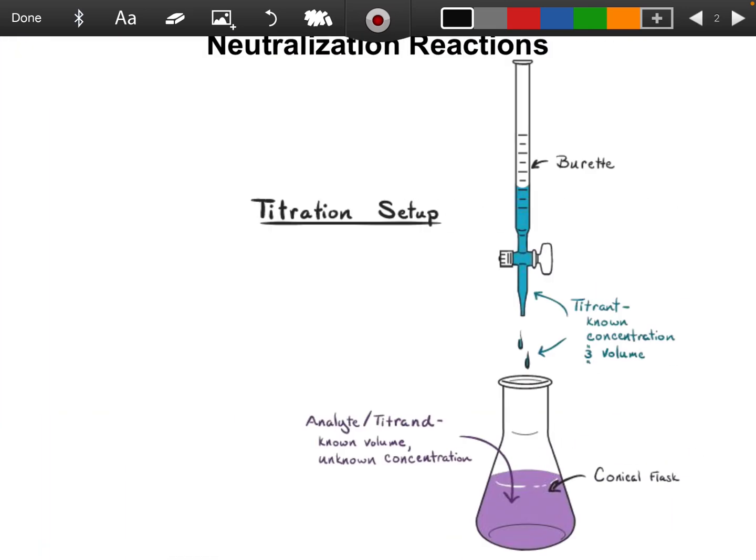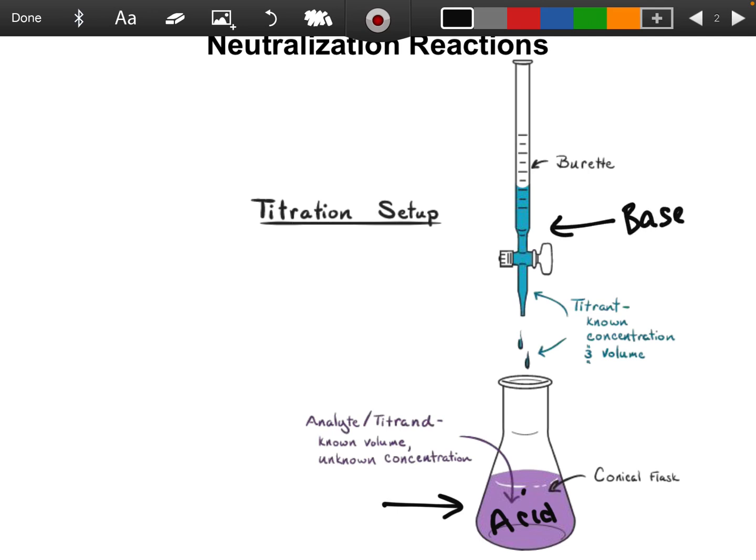All right, so neutralization reactions and then titrations, which are the last topic that we'll cover, kind of go hand in hand. In order to perform a neutralization reaction, you would do a titration. Basically, you have either the acid or the base in the flask at the bottom, and if you have the acid in the flask, then you would be adding a base to it.